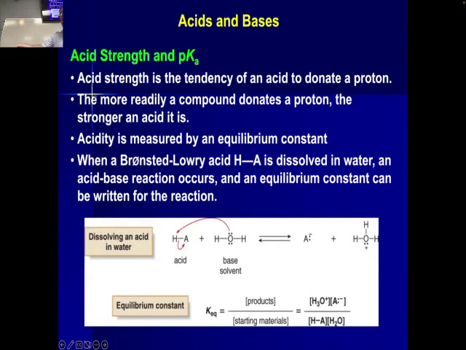So that's the products. And the reactants, or starting materials as they call them here, are HA and my solvent, water. Okay, so Keq for this reaction is equal to H3O plus times A minus divided by HA times H2O.